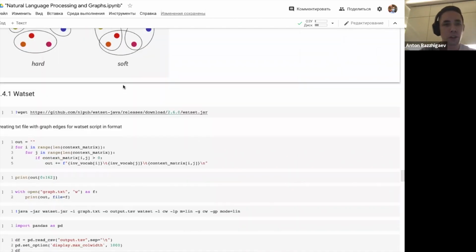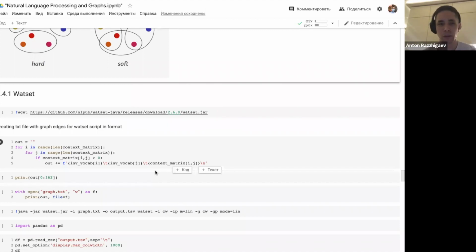Let's talk about algorithms for soft clustering. One of the best algorithms is Watset. It's not a thorough algorithm, it's a meta algorithm.